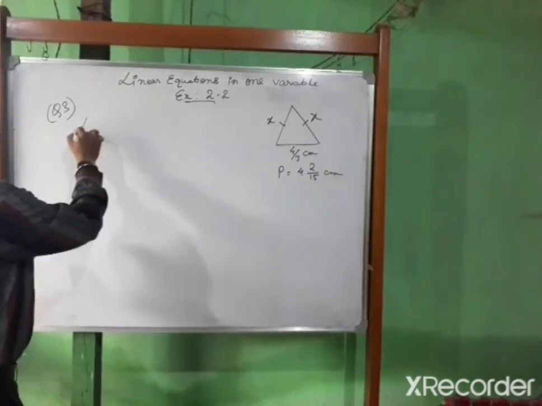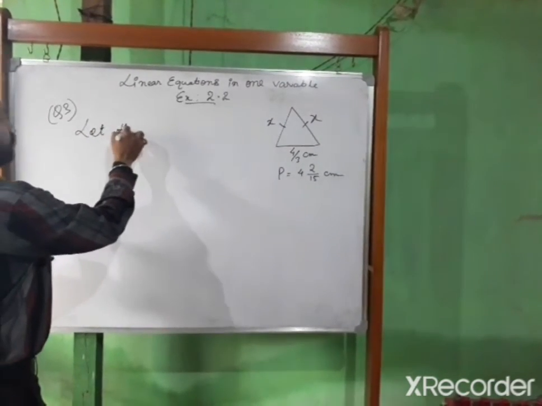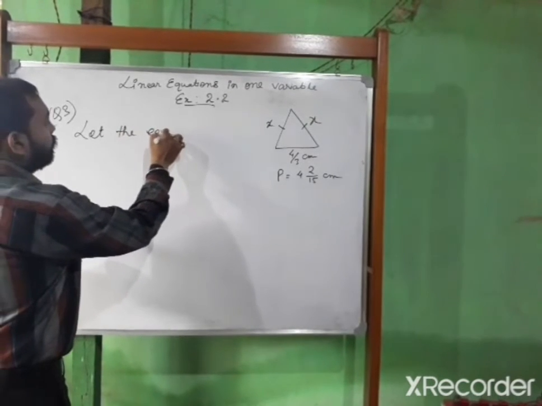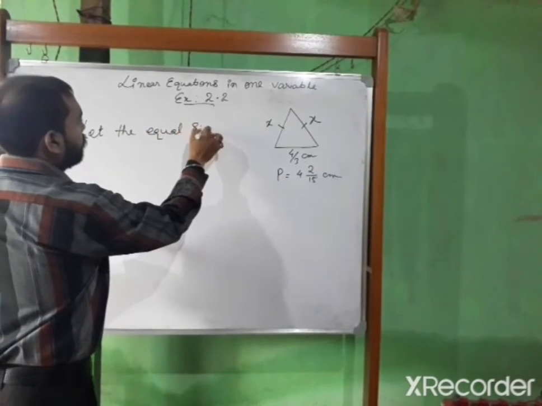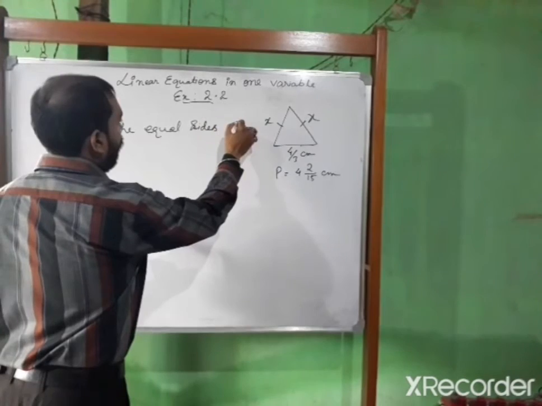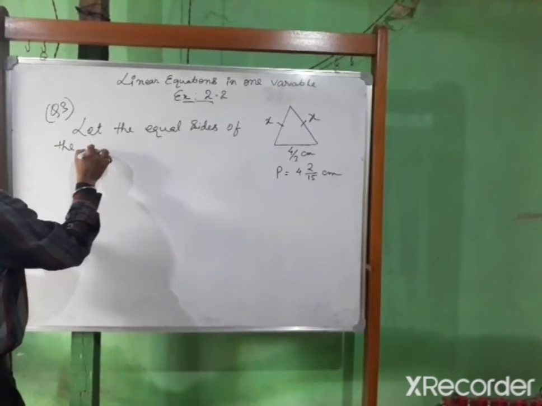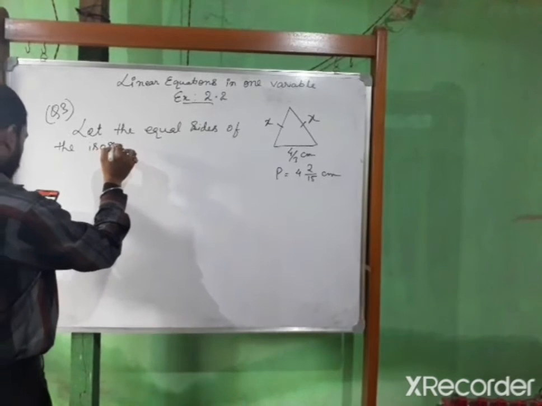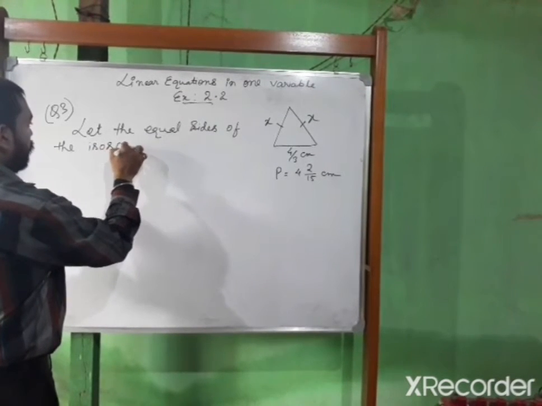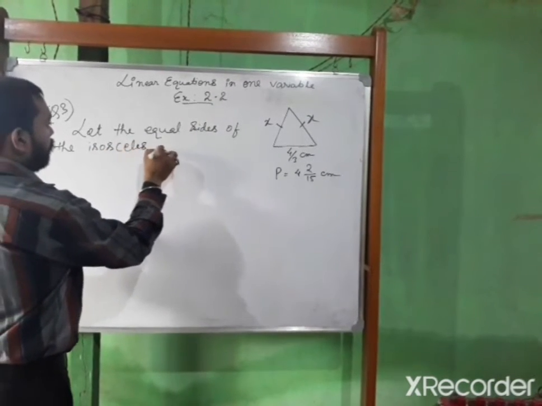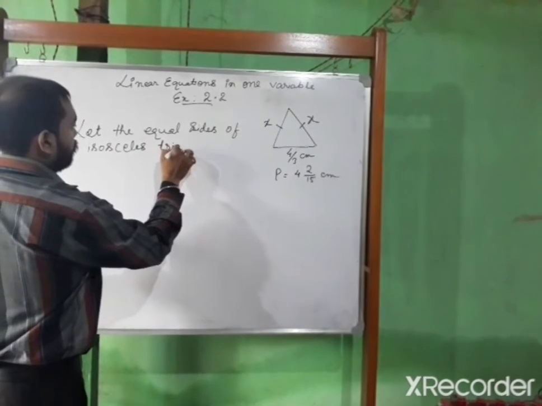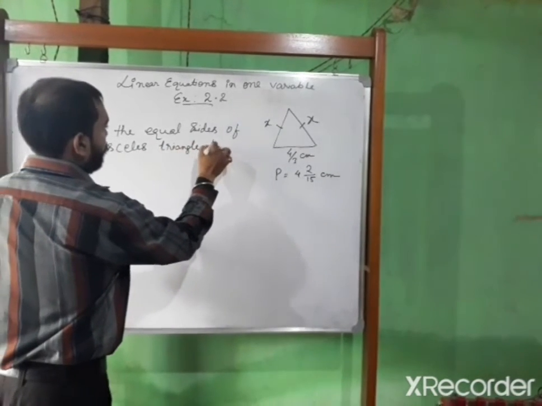Now let the equal sides of the isosceles triangle be x.